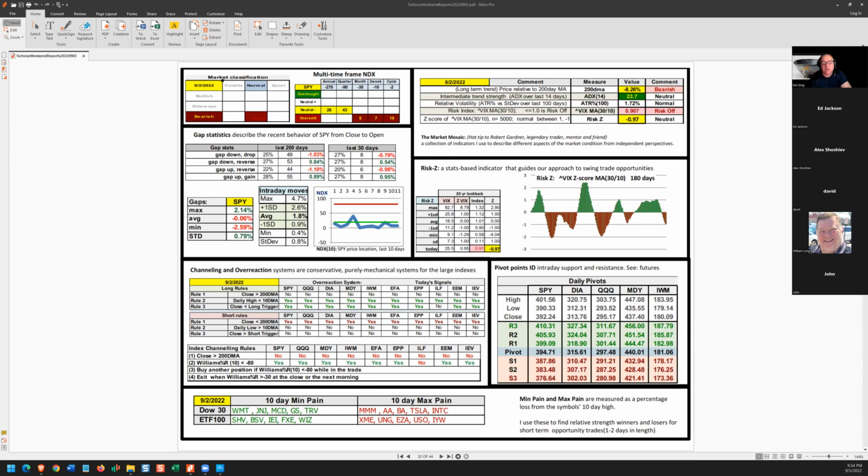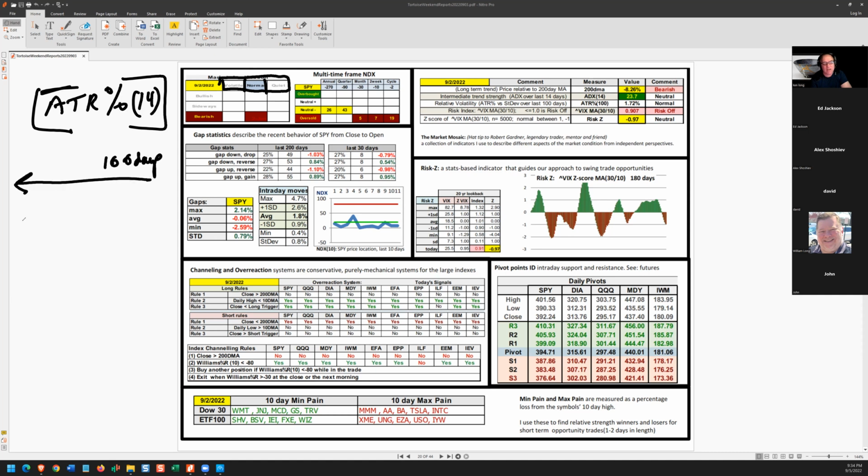The next thing that we look at is the volatility. Volatile, normal, or quiet. And what we use on that one is the ATR percentage 14 as a measure of volatility. So we go back the last 100 days and we compute the ATR percentage of day minus 100, day minus 99, day minus 98, etc. So we take 100 days of volatility and we rank that.